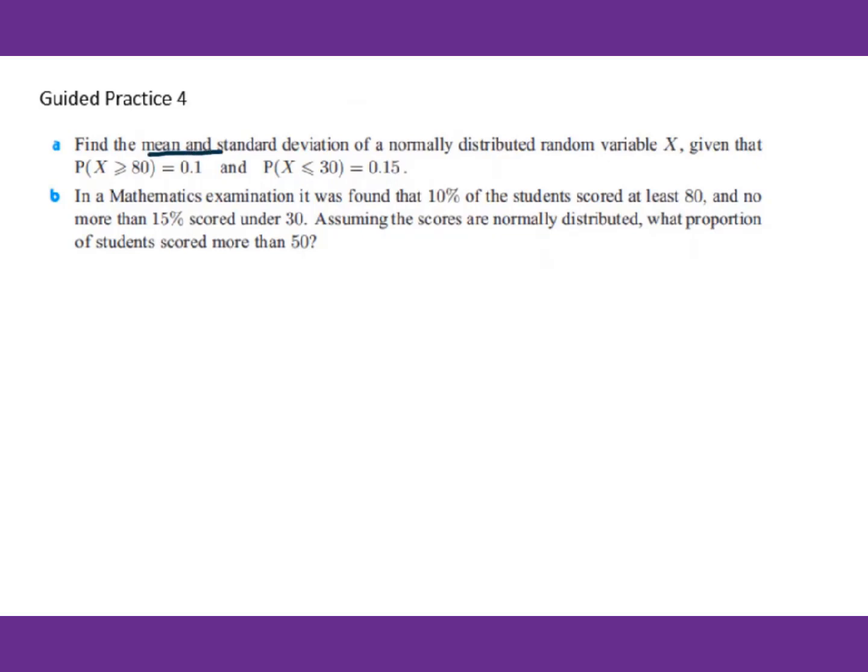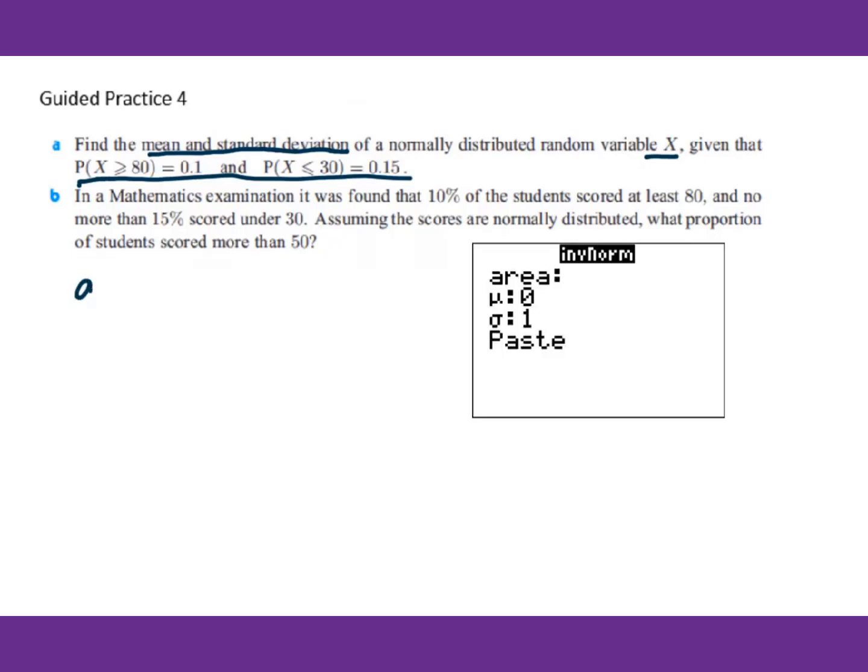Find the mean and standard deviation of a normally distributed random variable x, given that the probability x greater than or equal to 80 equals 0.1 and the probability x less than or equal to 30 equals 0.15. For the probability x greater than or equal to 80, that's 0.1.